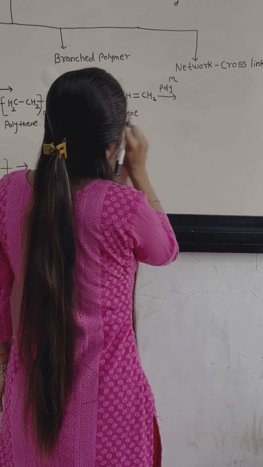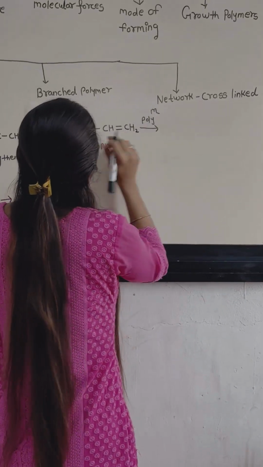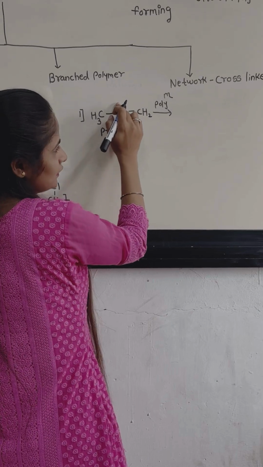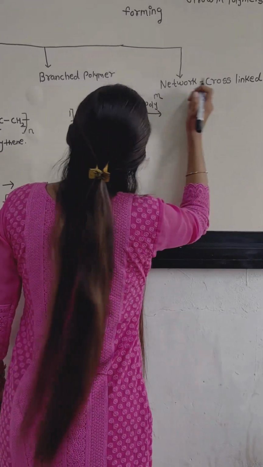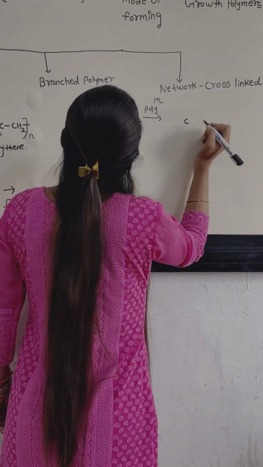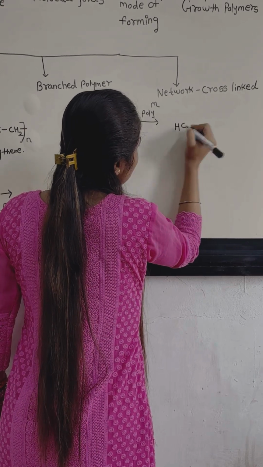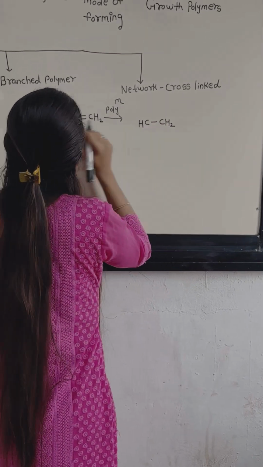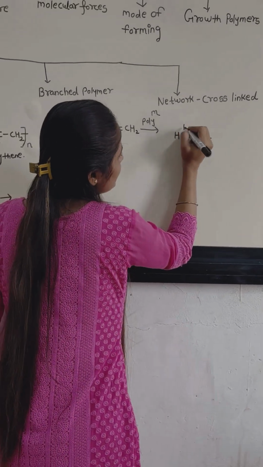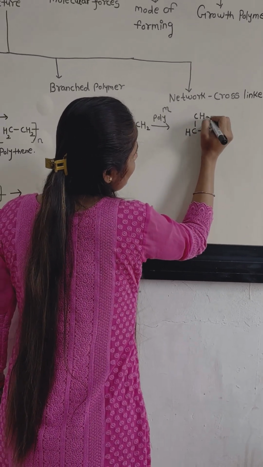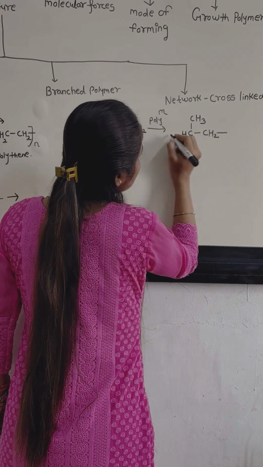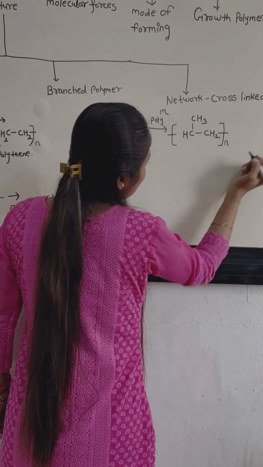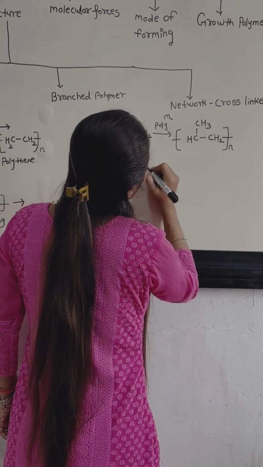Then we get the repeating unit to convert into the branch. So this CH3 is attached to carbon, so we have to write it here. Okay, so the branch polymer is obtained. That is CH, as it is a single bond, it is CH2, and that CH3 we have to attach here. So we get the branch and write in the bracket n number of times.